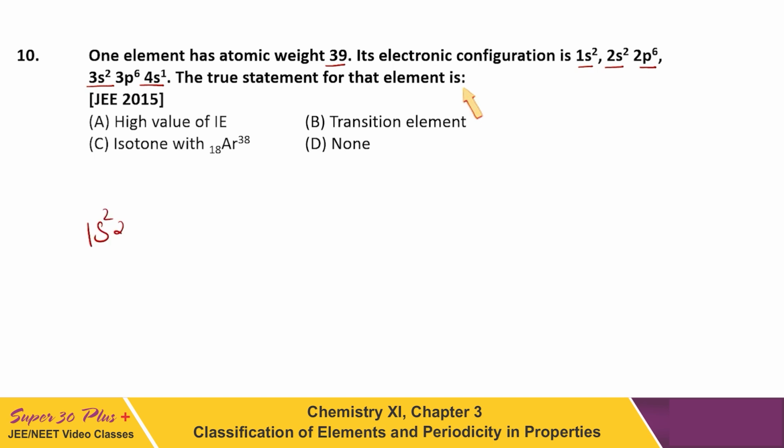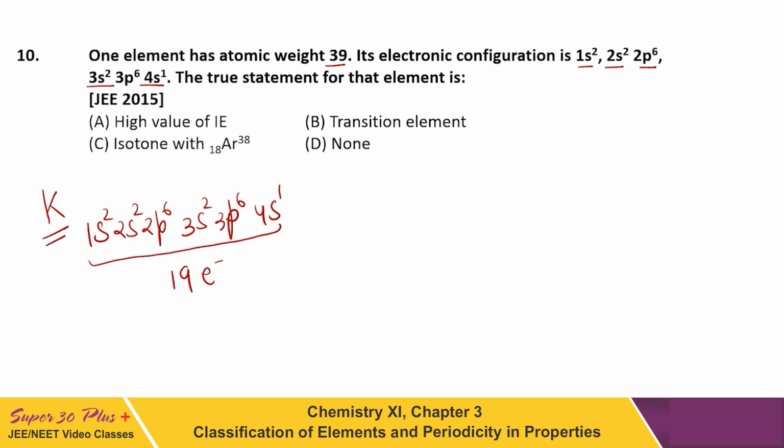So how many electrons? Students, it has 19 electrons, and for 19 it will be potassium. So actually this is potassium we are talking about. Now we have to select the true statement for the element which is potassium.